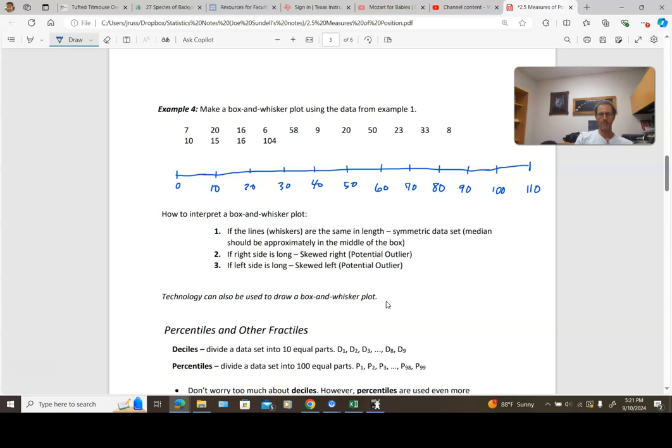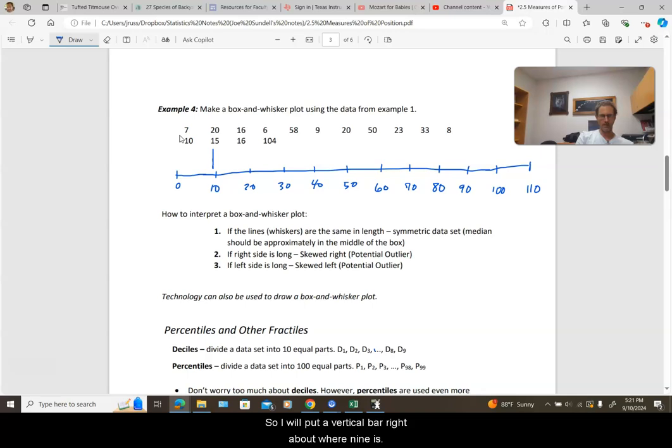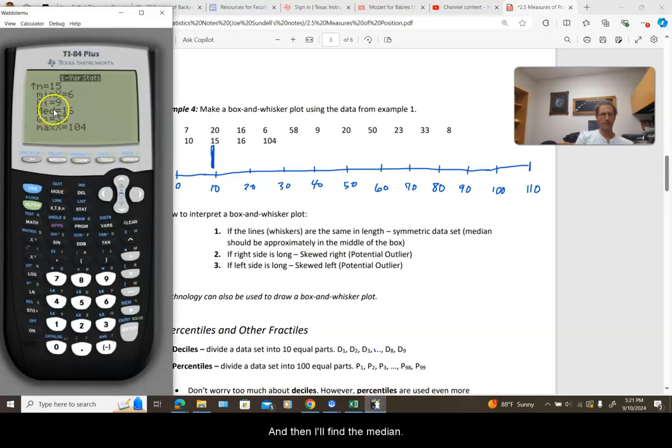Okay. So what I will typically do is I'll go ahead and see what the first quartile is. It's 9. So I will put a vertical bar right about where 9 is. It's a little to the left of 10. And then I'll find the median.